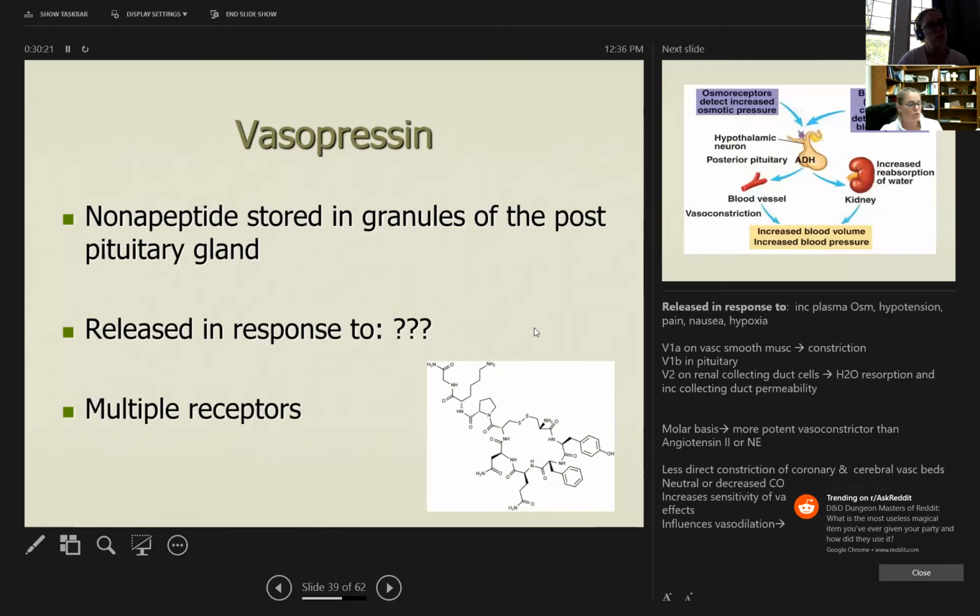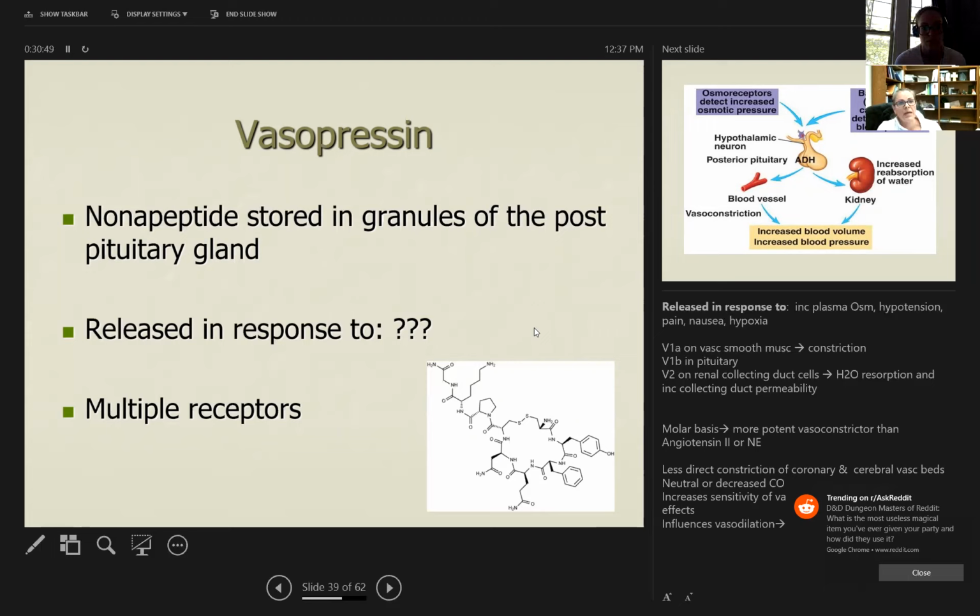It works on multiple receptors, the V1A receptor being the one that we're really going to think about in the setting of shock. That's the one that lives on our vascular smooth muscle, and it leads to very, very potent vasoconstriction. Vasopressin, when it acts on that V1A receptor, is a more potent vasoconstrictor than angiotensin II or norepinephrine.